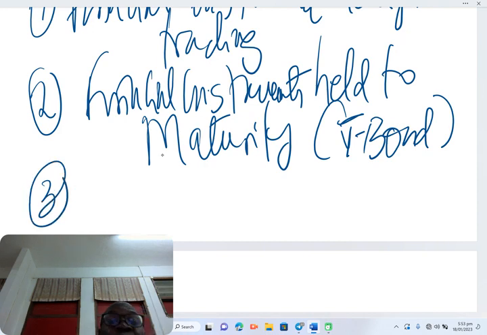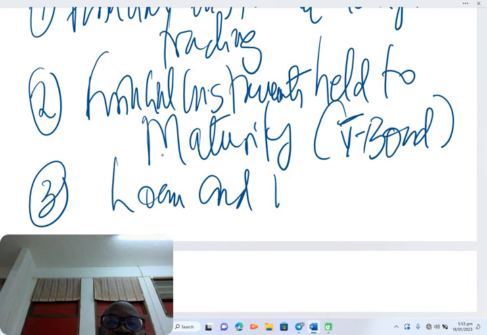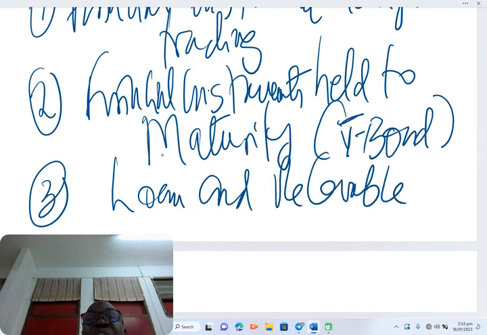Number 3, we have loans and what? Receivable. Remember, this financial instrument we have in our books. We have receivables. But remember, statutory receivables are out of scope. Prepayments are out of scope of financial instrument. But other receivables will be within the scope.